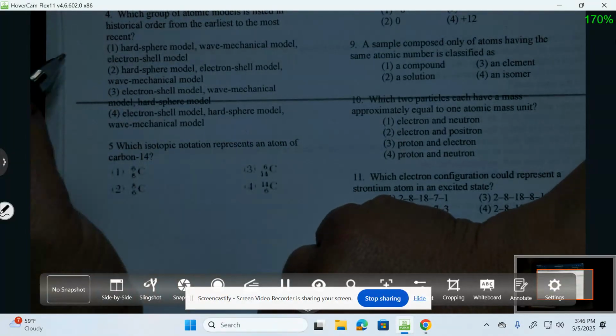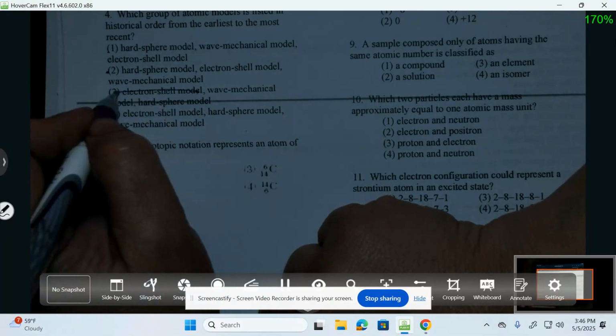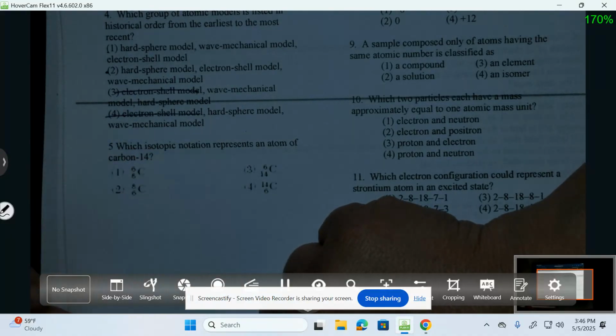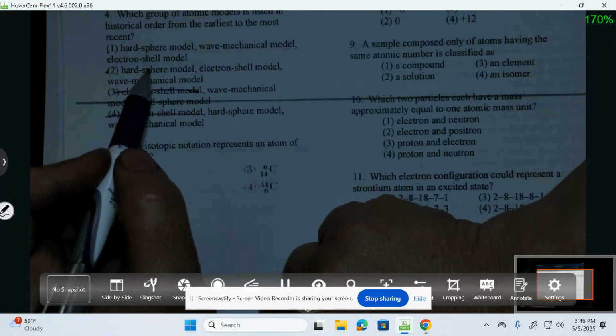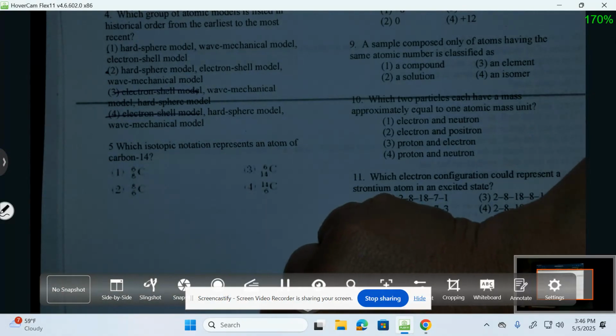Billiard balls are hard spheres. So it looks like 1 and 2 are still in the running. The electron shell is probably not the first one. Alright, so we got hard sphere. Then we have wave mechanical model or electron shell model. Which one came next? The wave mechanical model is the modern model. It's the model that we have today.